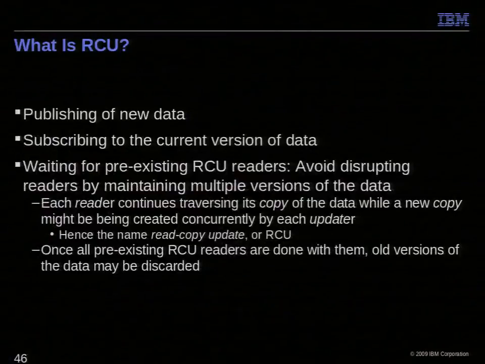So let's look at what we're trying to achieve, an overall abstraction for it. Since I've been complaining about it earlier, I might as well use them now. What we want to do is publish new data. If an animal is born, Schrödinger wants to publish the fact the animal is born so people looking it up can find it. And we want to be able to subscribe to the current version of the data.